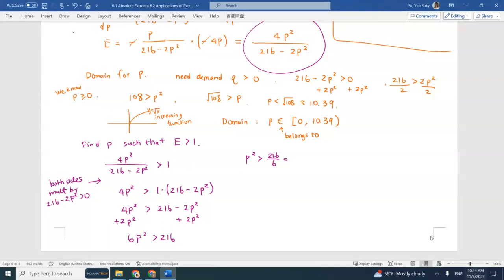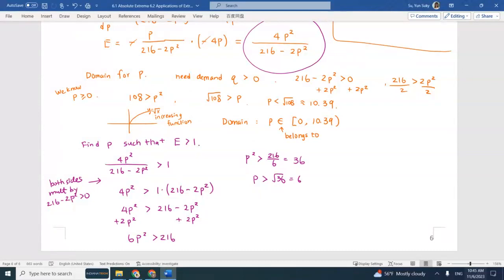What is that? Is it divisible by 6? 3 times 6 is 18, and then we have 3, 6. Oh, is it 36? Yes. Okay. When you take the square root, what happens? What's the square root of 36? Yes.